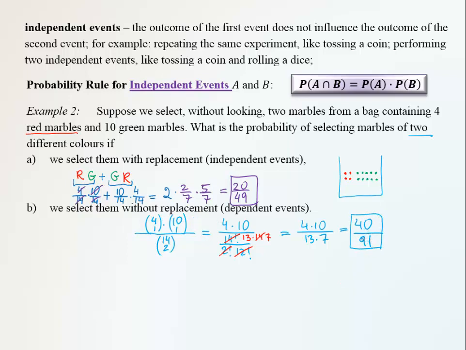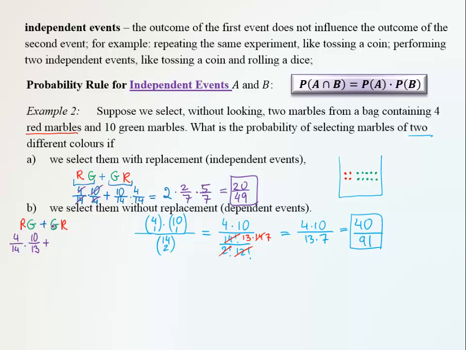Notice that this could be calculated in a similar way as the first point. So let's write our possible outcomes: red and then green, or green and then red. Originally, the red marble can be picked with probability 4/14, but then the green one, because we already have 13 leftover marbles, will be 10 out of 13.